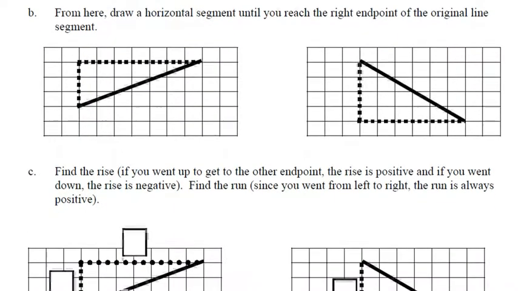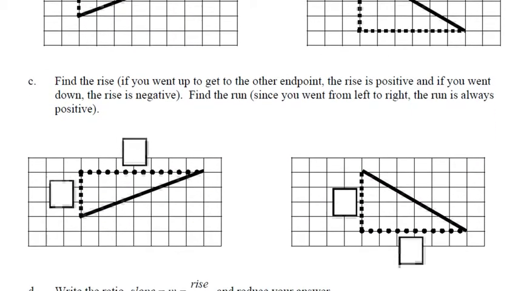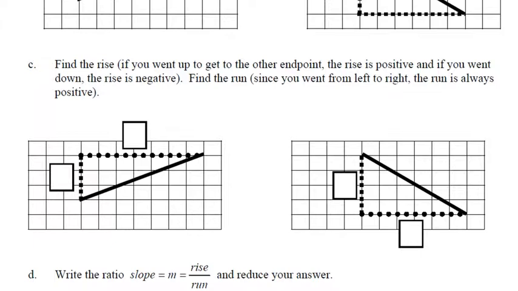Find the rise. If you went up to get to the other endpoint, the rise is positive, and if you went down, the rise is negative. So what's this rise? Find the run.